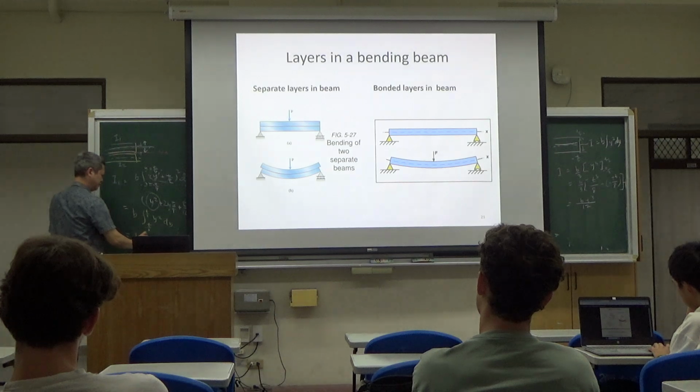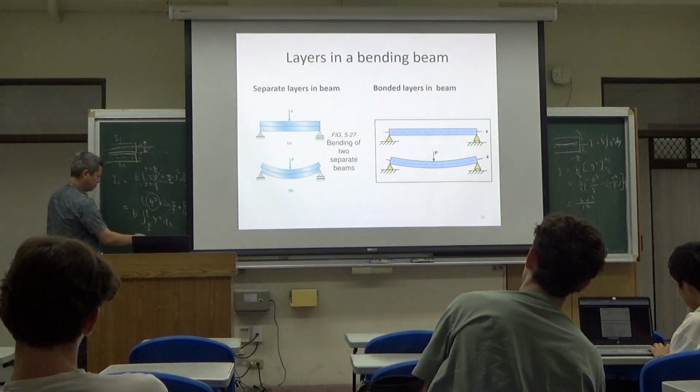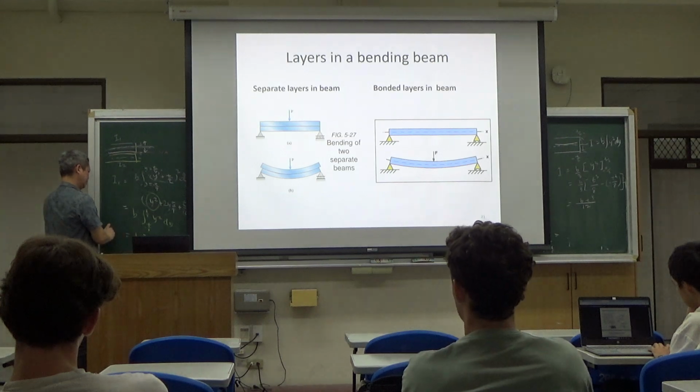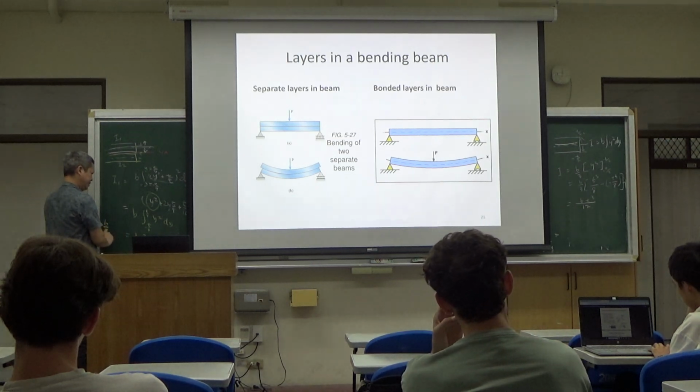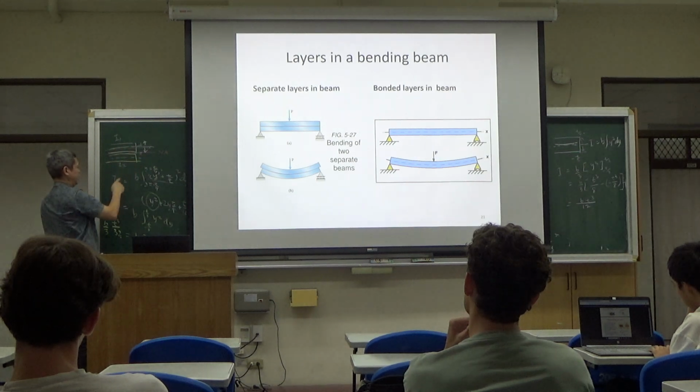As a result, the first term has b over 3, and then this one is b t cube over 32.